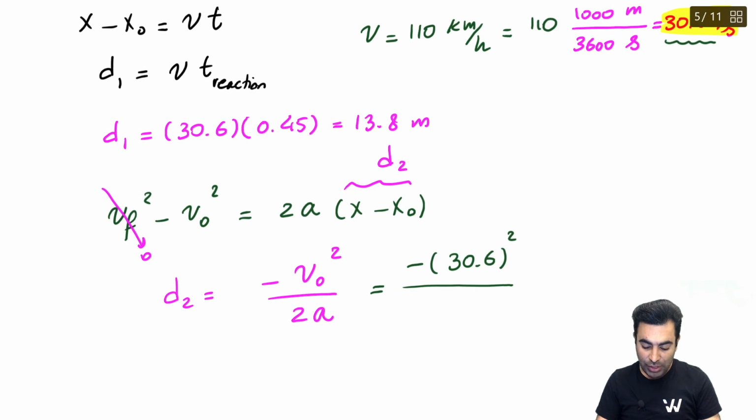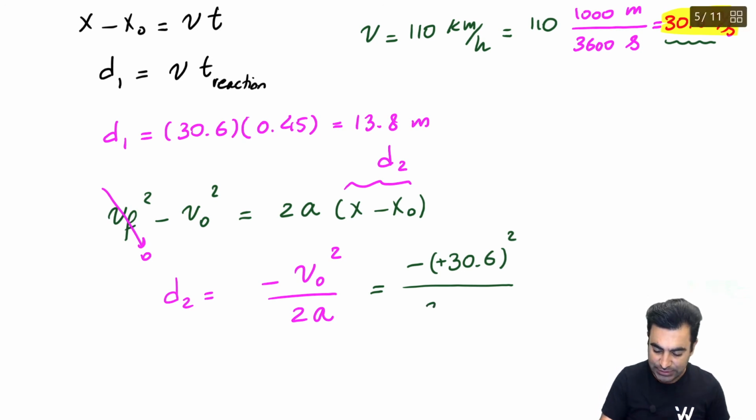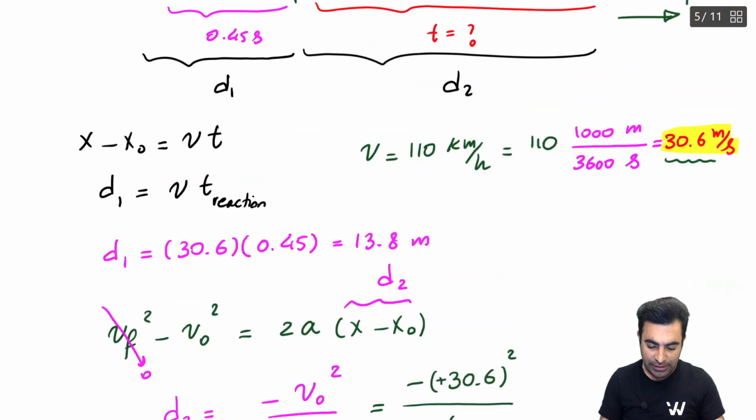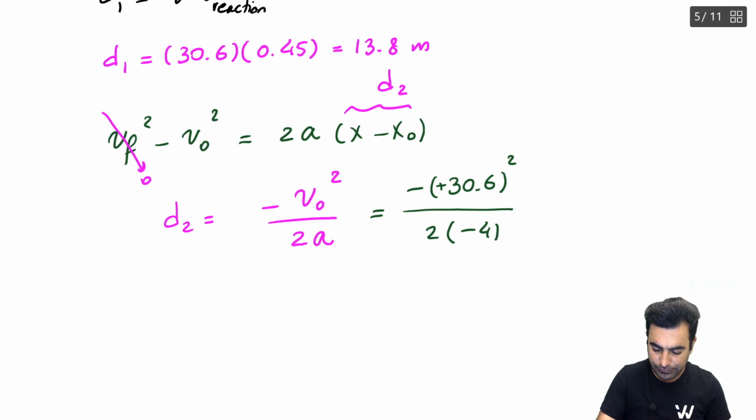That's why we have velocity here with a positive sign, plus 30.6. In addition, because we're talking about decelerating motion, the acceleration vector should be pointing opposite to velocity. Since velocity was forward, acceleration should be pointing backward. As a result, we have a negative sign for that. So we have 2 multiplied by deceleration, which is -4. The number I have for this distance is equal to 117 meters.